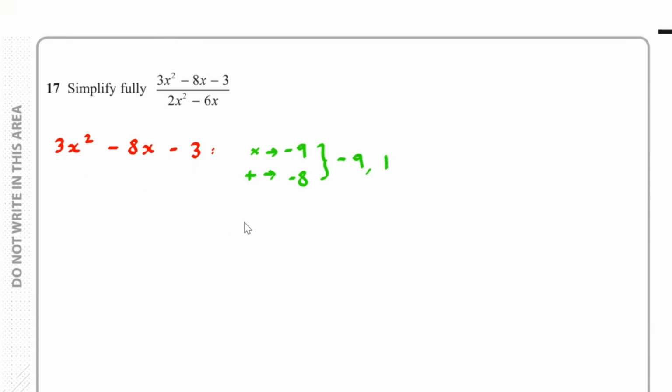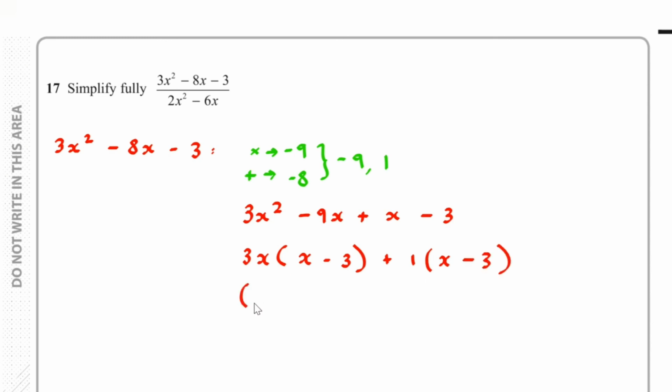So we can rewrite this as 3x squared minus 9x plus x minus 3. So we have 3x times by x minus 3 plus 1 times by x minus 3, leaving us with 3x plus 1 multiplied by x minus 3.